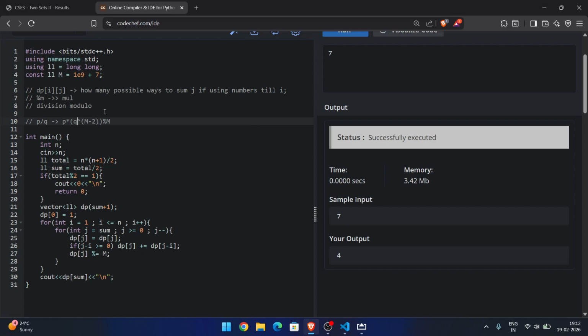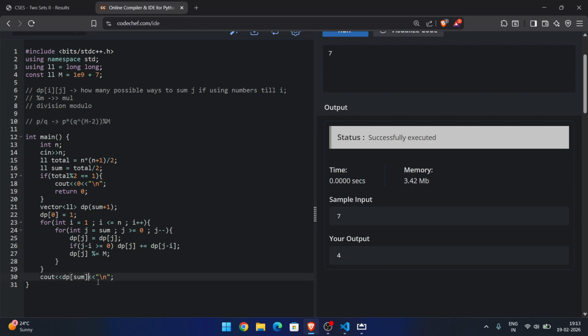There are conditions for this, like M and q should be co-prime, and so on. So this is the whole modulo theory.